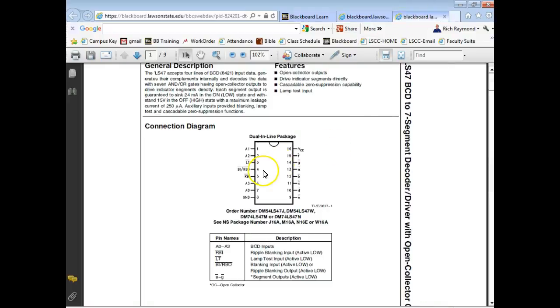This is it. So the National Semiconductor, they labeled the A input, not the A output. They labeled it A0, which is down here on what pin? Pin 7. The B input, they labeled it A1, which is up on what pin? 1.